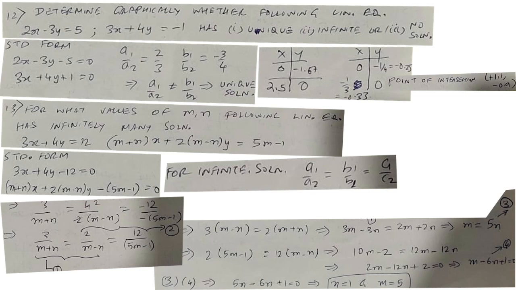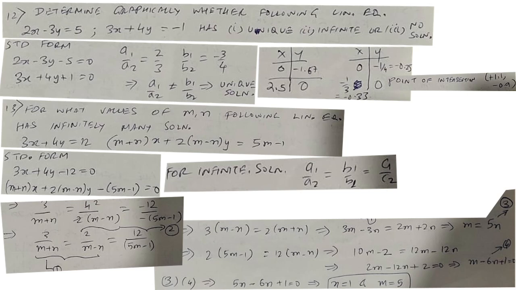Similarly, if you cross multiply from equation 2, you'll get 2 times (5m minus 1) is equal to 12 times (m minus n), that is 10m minus 2 equal to 12m minus 12n. So you'll get 2m minus 12n plus 2 equal to 0. Divide throughout by 2, you'll get m minus 6n plus 1 equal to 0.